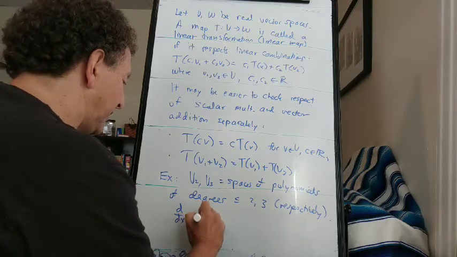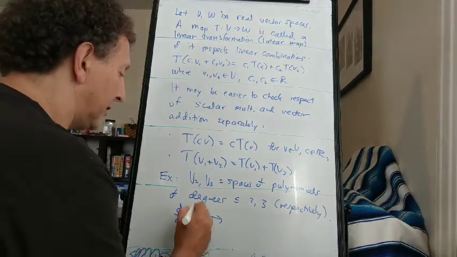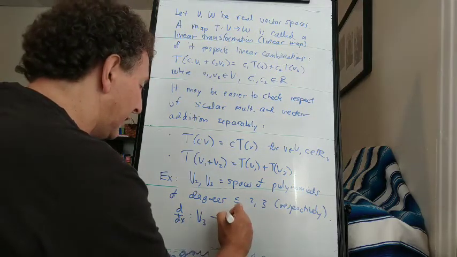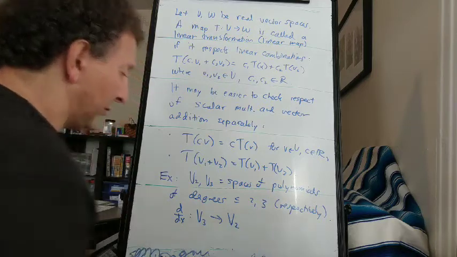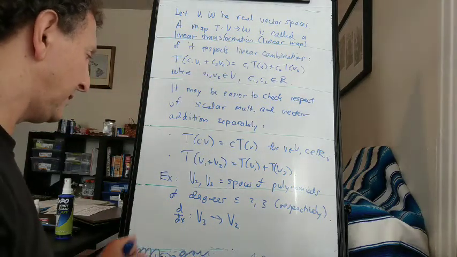Now differentiation takes a polynomial of degree at most 3 and lowers the degree by 1. So the result is going to be a polynomial of degree at most 2.